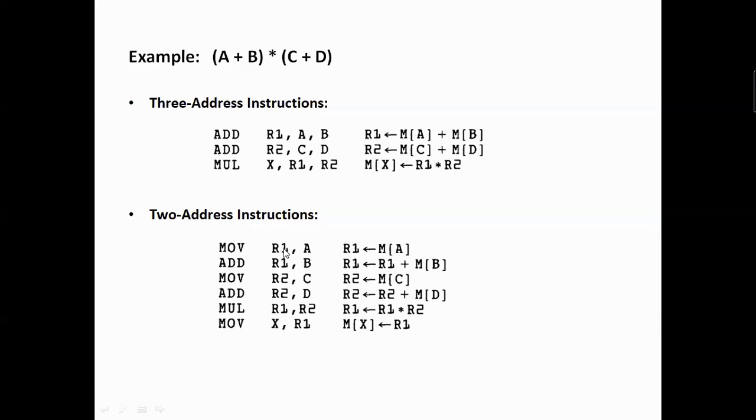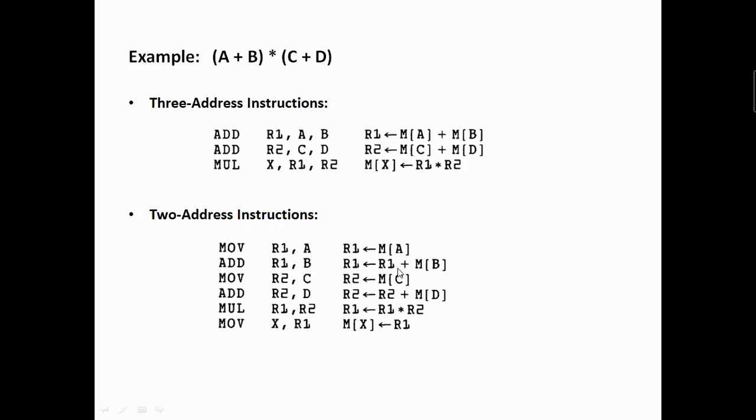Because this is a two address instruction, you cannot keep three here. So when we write MOVE R1, A, it means A is to be copied to the R1 register. Then we can directly use ADD R1, B. This means that B is to be added to the contents of R1 and the answer is to be stored in R1.